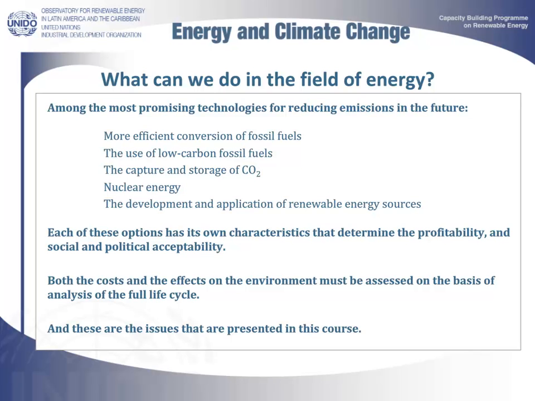Each of these options has its own characteristics that determine its cost-effectiveness as well as its social and political acceptability. Costs such as the effect on the environment must be estimated on the basis of the analysis of complete life cycles. In this module, we shall see these aspects as related to each type of energy source.